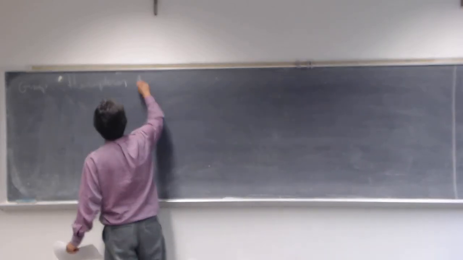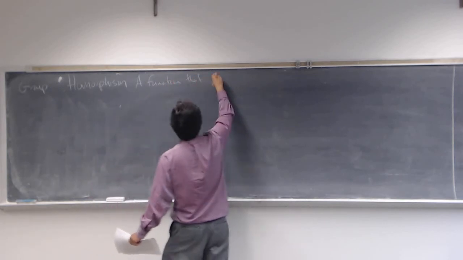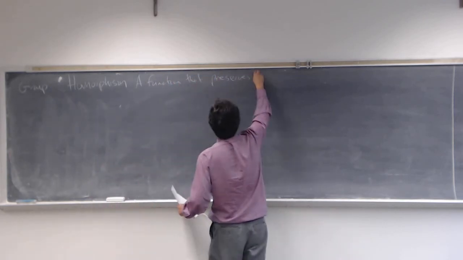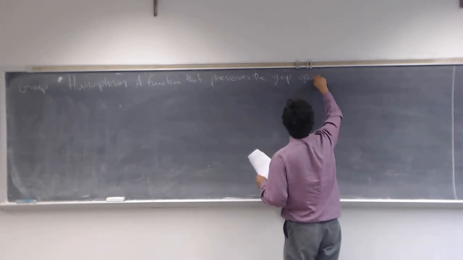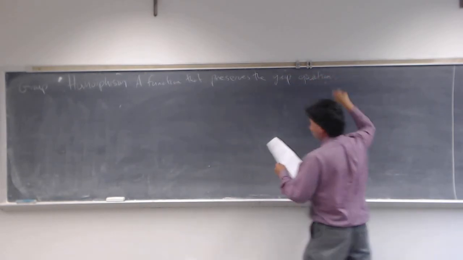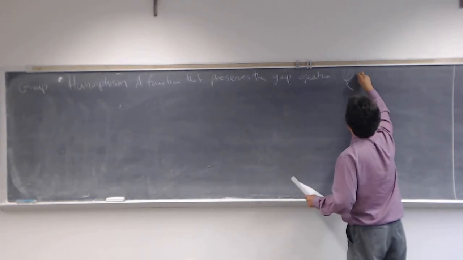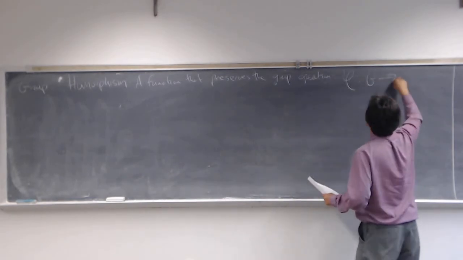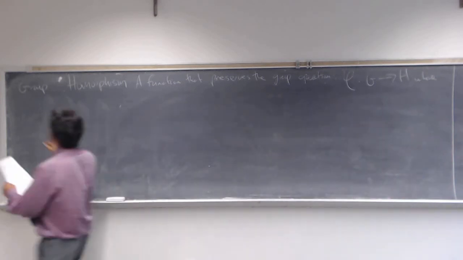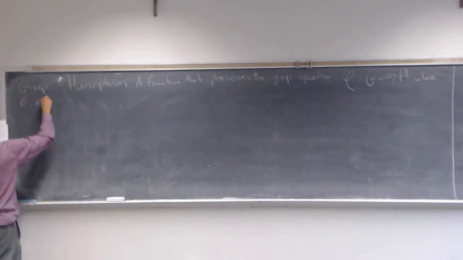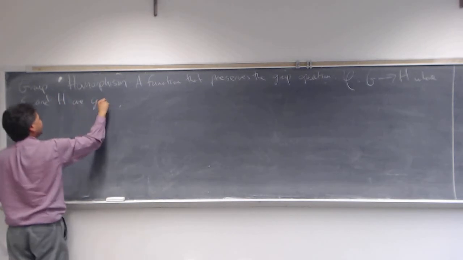So it's a function that preserves the group operation. Specifically, we usually use phi from G to H, where G and H are groups.